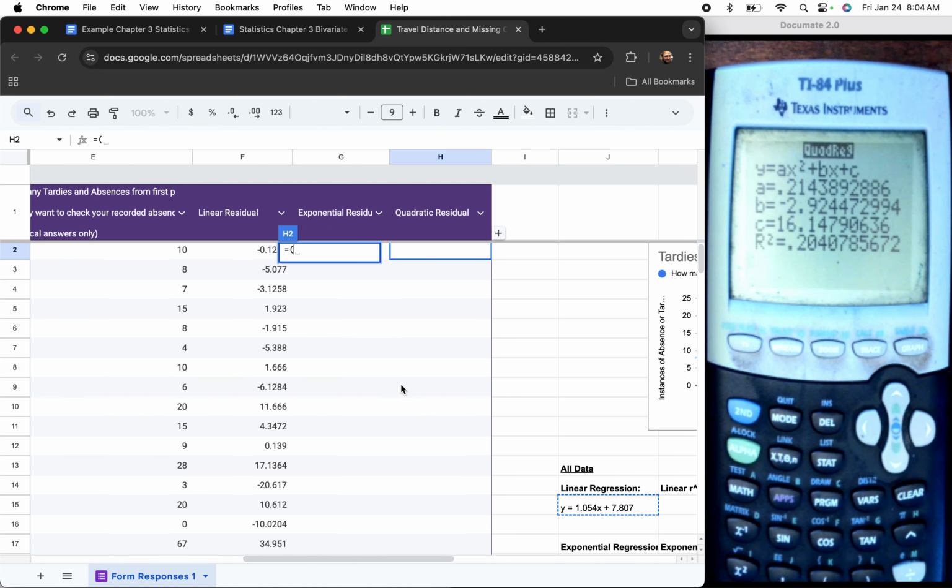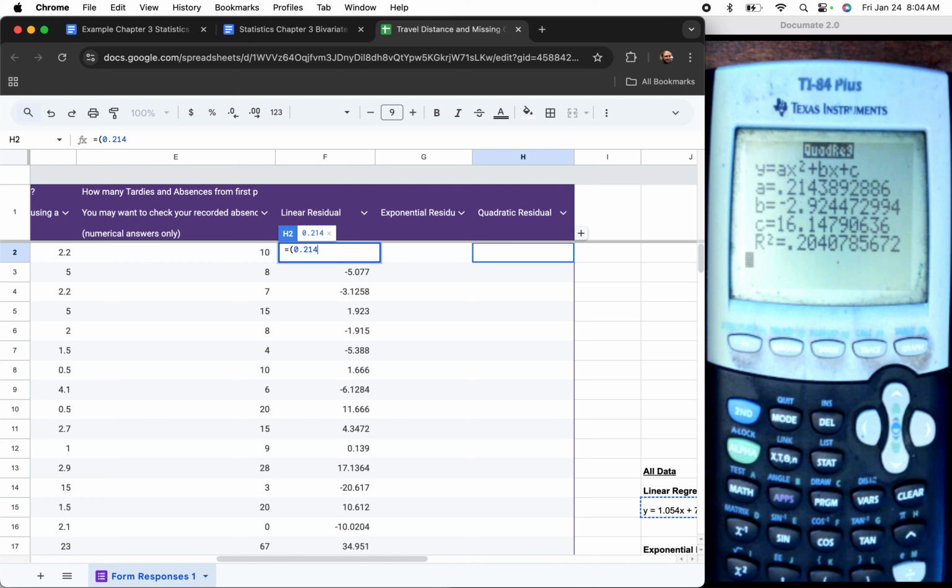So we're going to have 0.214 times D2, where my first x value is, and that's going to be squared. I'm not exactly sure if this is going to square properly, so I'm just going to say times itself, minus 2.924 times that x value again, and then plus 16.148.